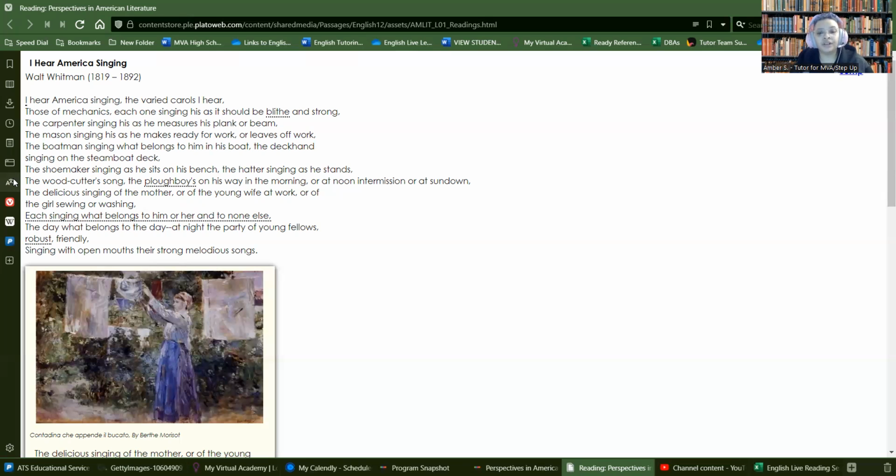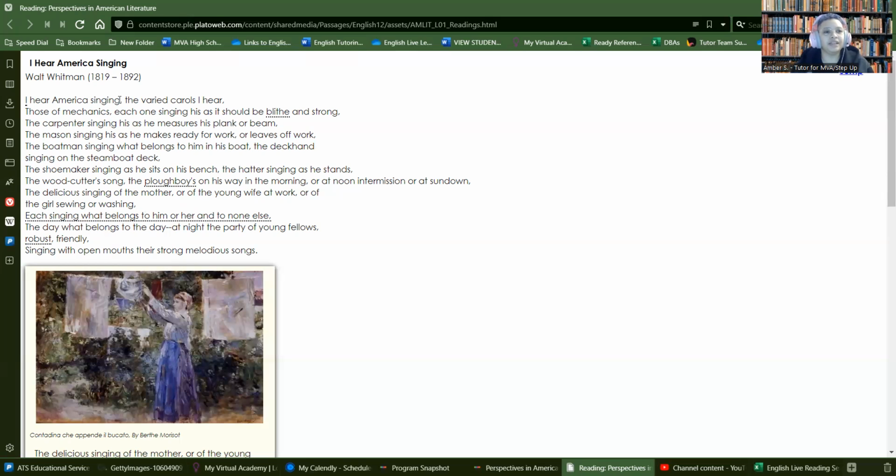So he's also including the work that people do at home for their families as a type of work. And that says something about Walt Whitman and his views on who counts as a worker and who is a productive member of society, especially when you remember he was born during this time.